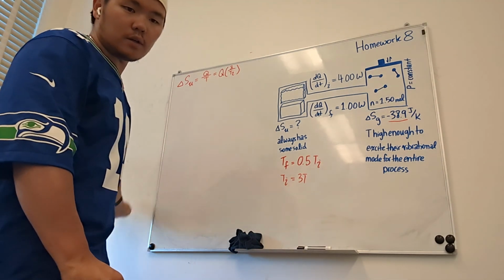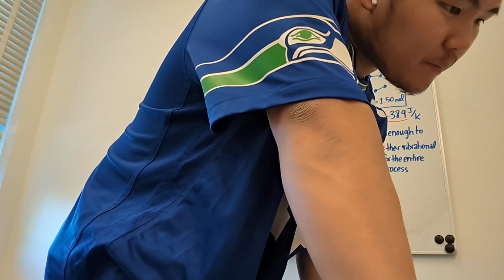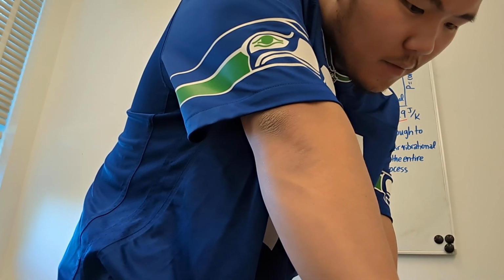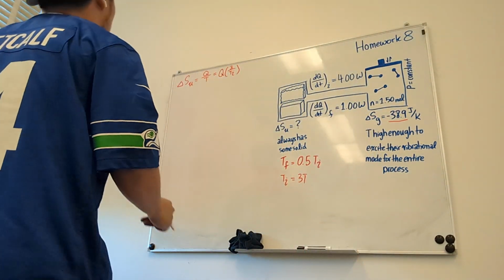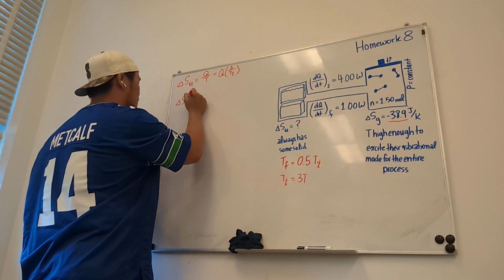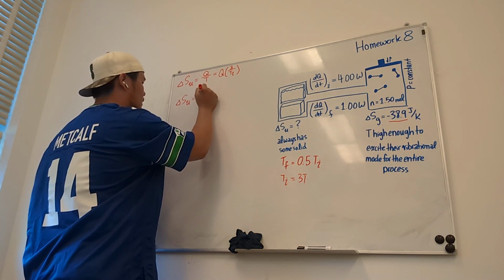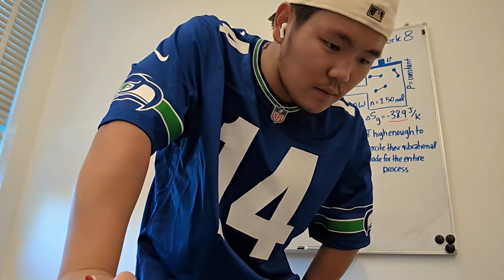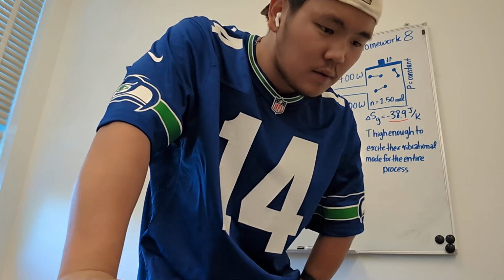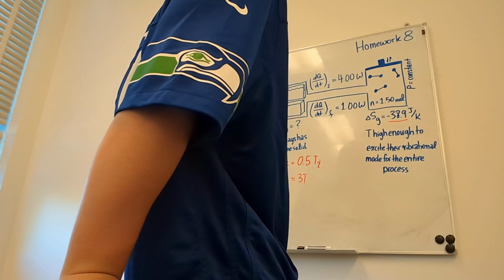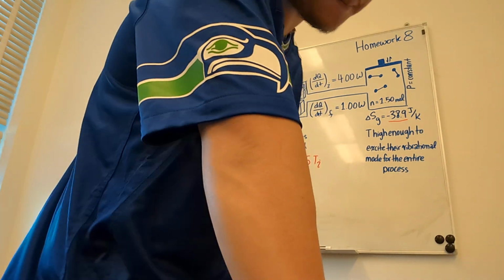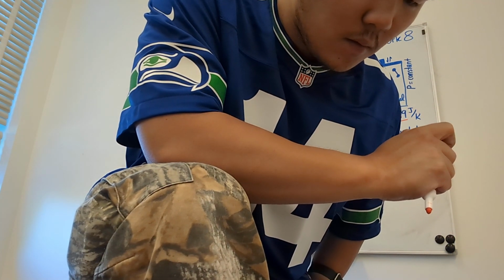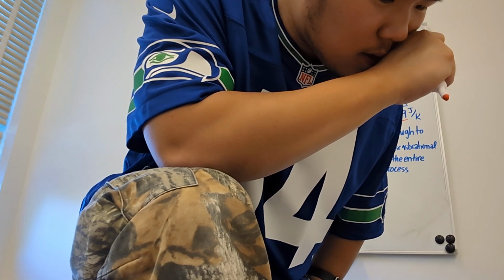So we can use that isobaric equation. Delta S U is equal to 3 over Ti times Q, and Q would be N Cp delta T. Okay, let's try that.